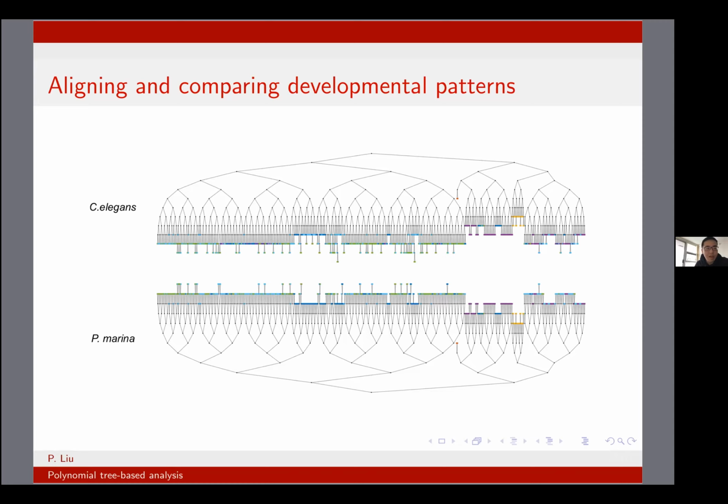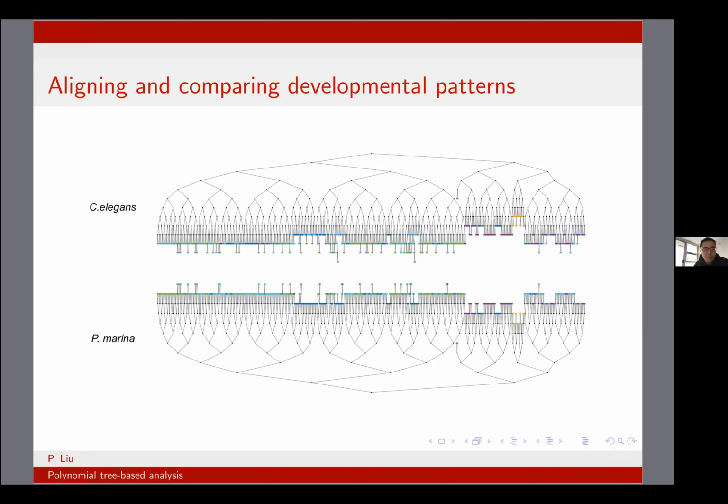And now we have a record of how they divide and differentiate into different organs and different parts of cells. And the tip labels here are telling us what kind of cell it is, whether it is a muscle cell, a neural cell, or some cell in the organ, or other type of cell. So the color represents the type of cells.